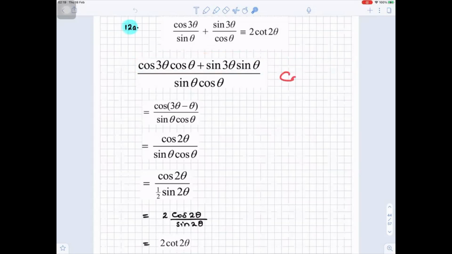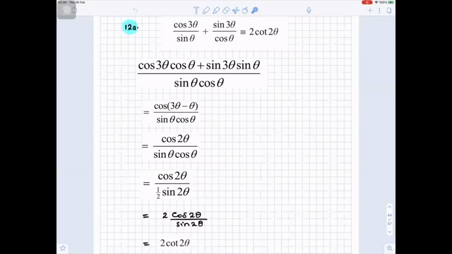If you remember cos A minus B, that's like your A and that's your B. So we write all of that as cos A minus B. But 3 theta minus theta, what's 3 minus 1? It's 2. That gives you 2 theta. So it's cos 2 theta over sin theta cos theta.